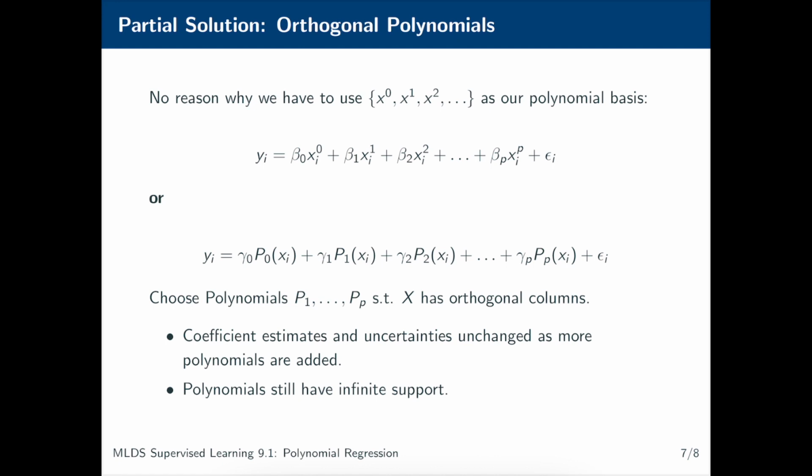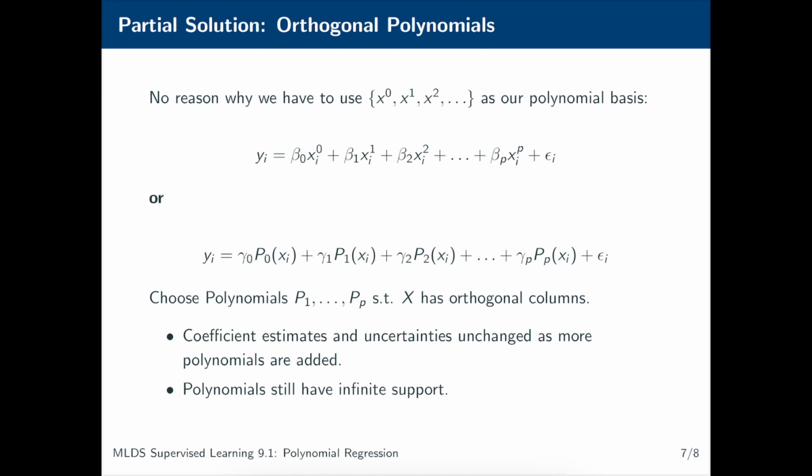How exactly to go about this is far from obvious, but fortunately we have good software implementations of these things, and for those of you keen on linear algebra, this is related to the Gram-Schmidt orthogonalization process. The benefit of using this orthogonal polynomial basis is that the coefficient estimates and uncertainties are now independent of one another.